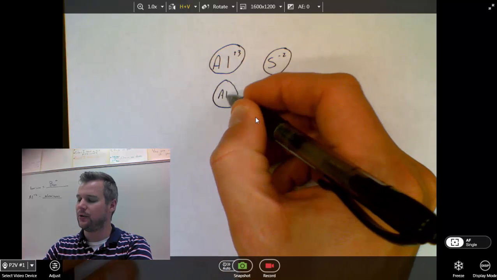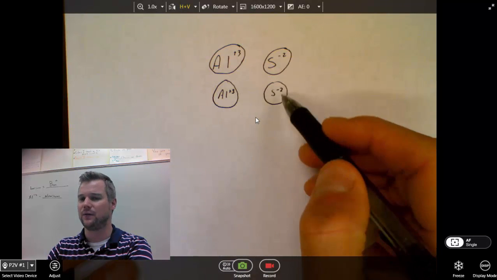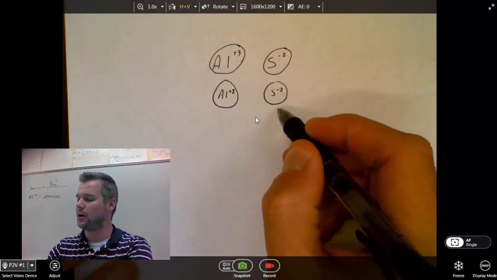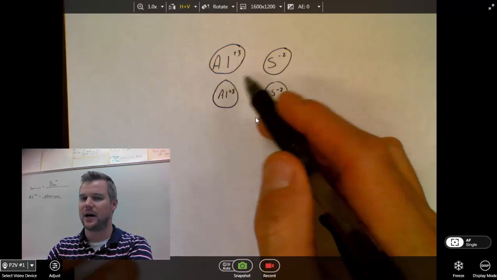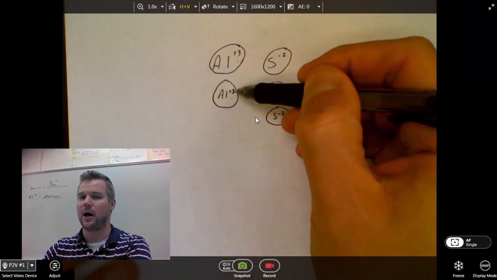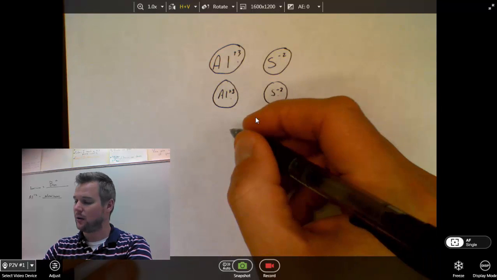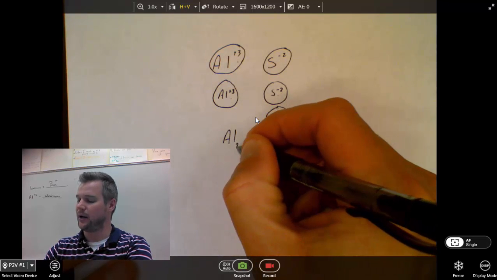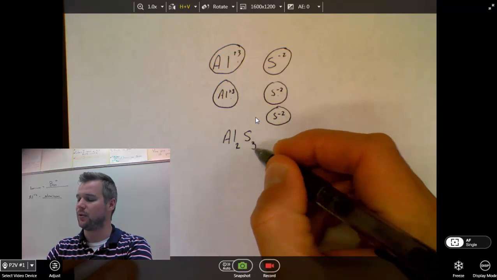If I add another aluminum particle, I now have 6 positives and only 4 negatives, so I need to add 1 more negative particle, and now I have 6 negatives and 6 positives. So there's 1, 2 aluminum ions, there's 1, 2, 3 sulfide ions. Because I have 2 aluminum ions, I'm going to put subscript 2. Because I have 3 sulfide ions, I can put a subscript 3.